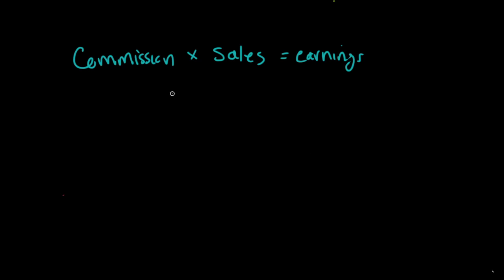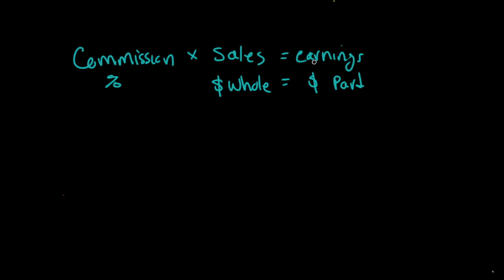So what does this mean? It means that if somebody were to sell a car for a certain amount of money, what percentage would they get? So the commission is going to be a percent number. The sales of a car, for example, is going to be the price of the car, which is the price of the whole thing. And this is going to be the amount that the car salesman will earn if they sell this car. So this is going to be an amount, but it's going to be a part.